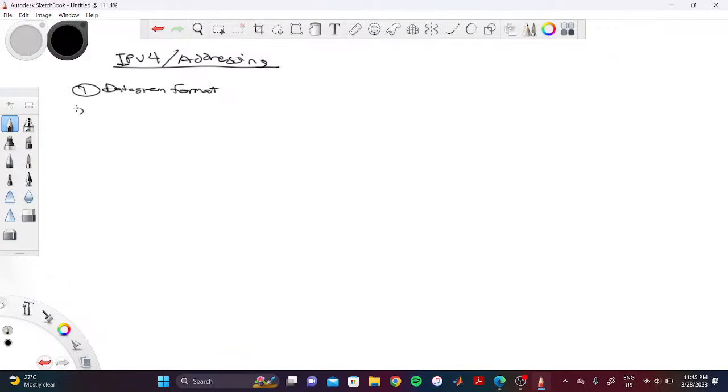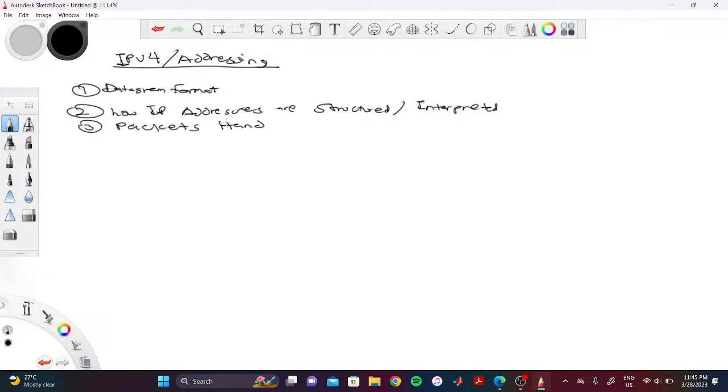We'll draw a datagram and look at the parts and what they do. It's also concerned with how IP addresses are structured and interpreted. And thirdly, it's concerned with how packets are handled. So these are the three things that the IP protocol talks about.